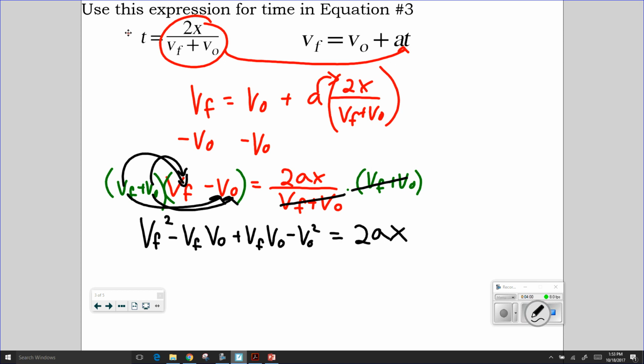Now, one of the most beautiful things about this equation is what gets to cancel. Negative vf v0 and positive vf v0 go away. And this is one version of equation number 5. Now, to get the one that is on the psychedelic poster in the back of class, we can add v0 squared to both sides.